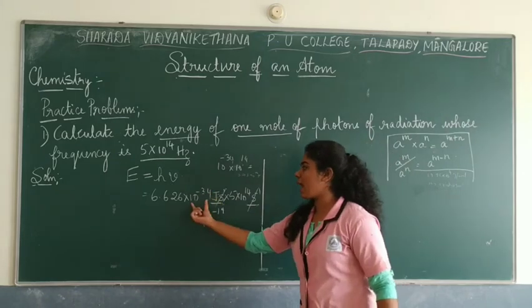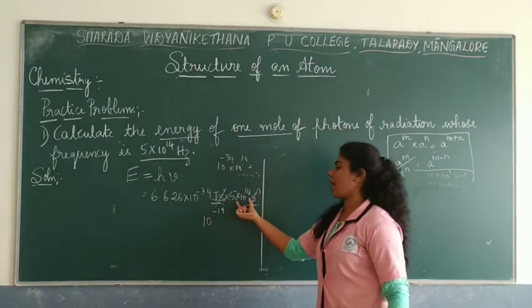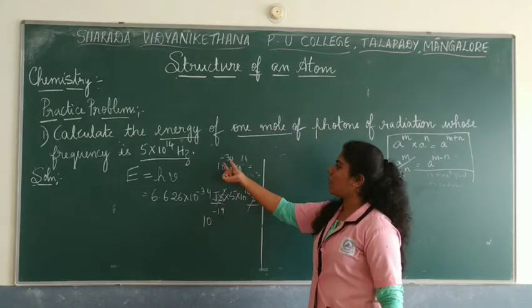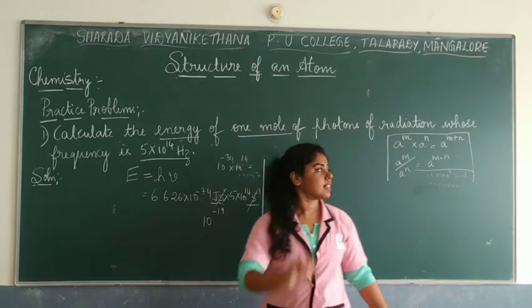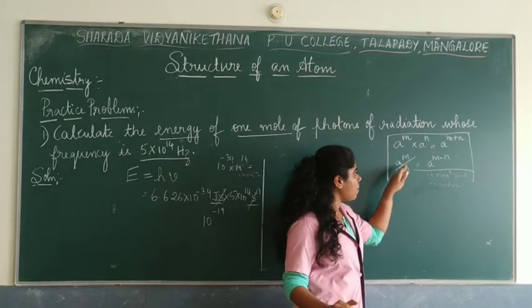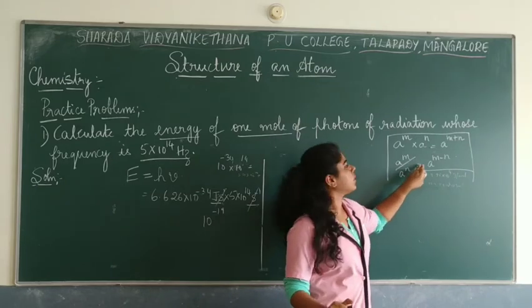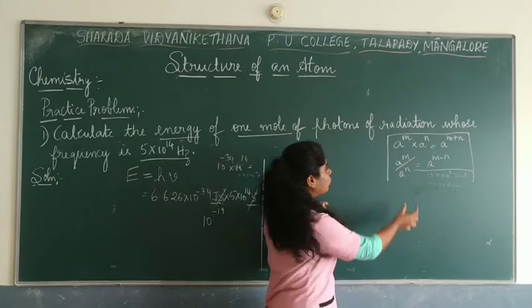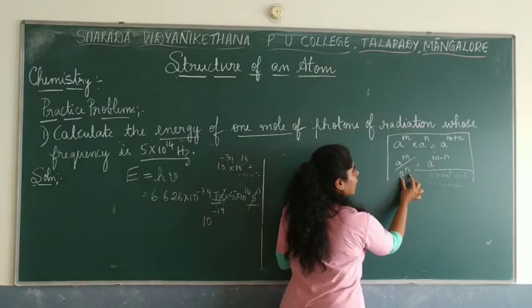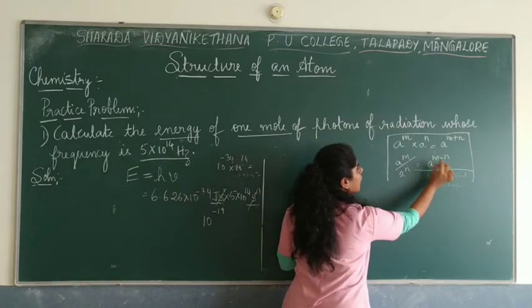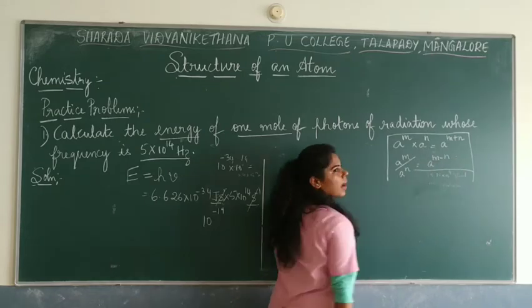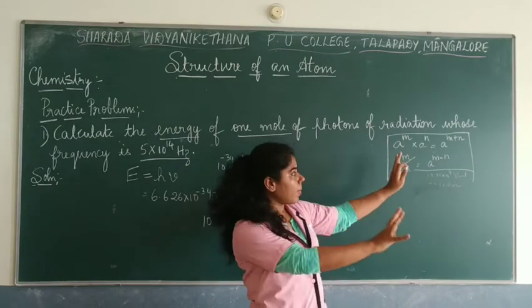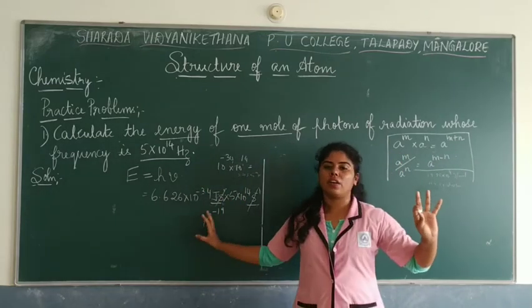In this way, a to the power m into a to the power n is a to the power m plus n. In the same way, if you have a to the power m divided by a to the power n, this becomes a to the power m minus n. If you take a to the power n up, it becomes an inverse, so it's minus n. So remember these two and apply them in the problems.